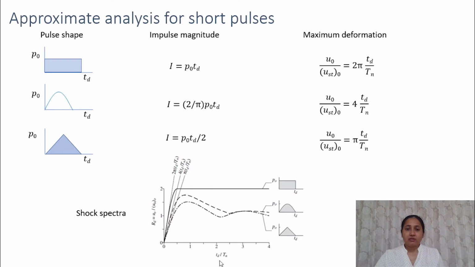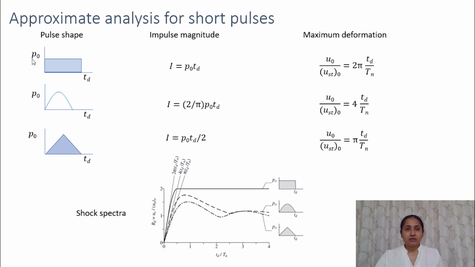So if the duration of the pulse is less than half the natural period, then we can use these approximated expressions to calculate the normalized response. The shock spectra can be approximated as this straight line if Td by Tn is less than half.